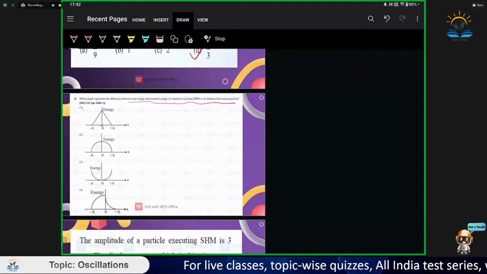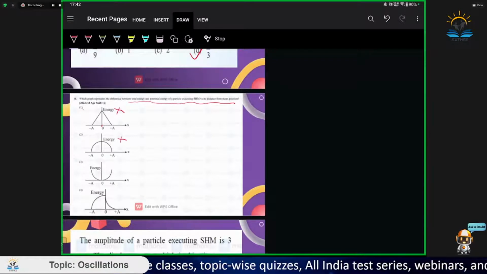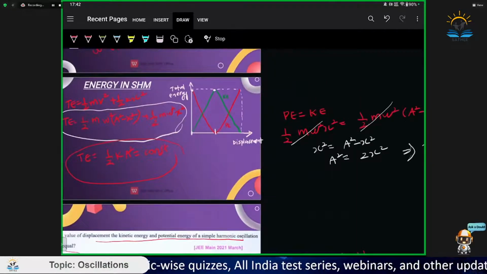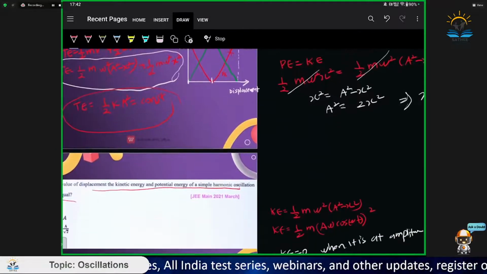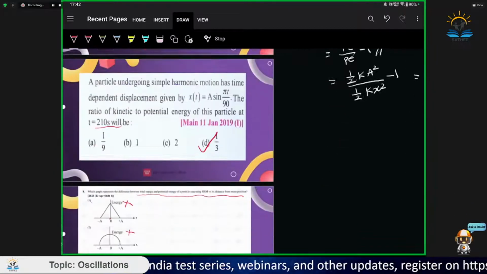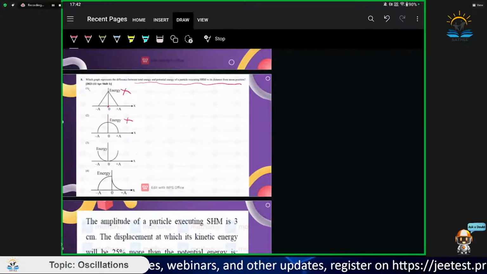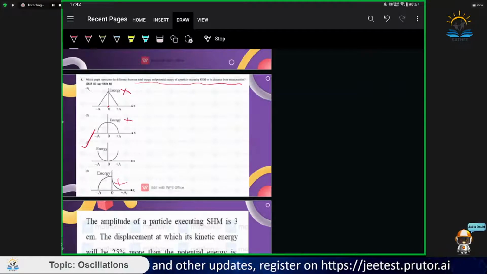This option is wrong. This option is also wrong. This is the graph of potential energy. At equilibrium, potential energy should be zero. So options one and two are cancelled. So option 3 will be the correct answer.